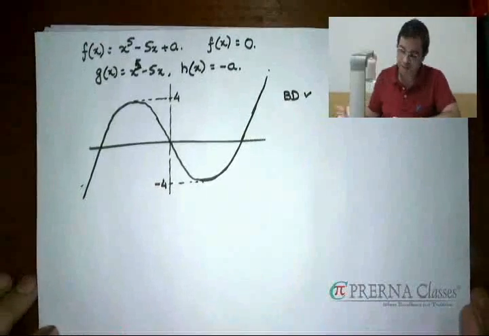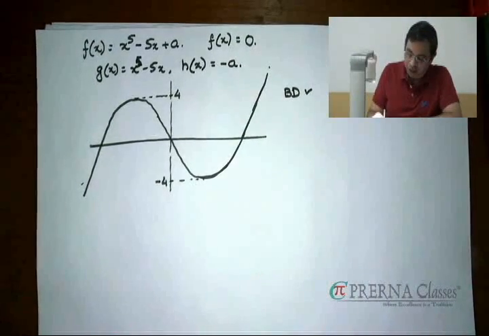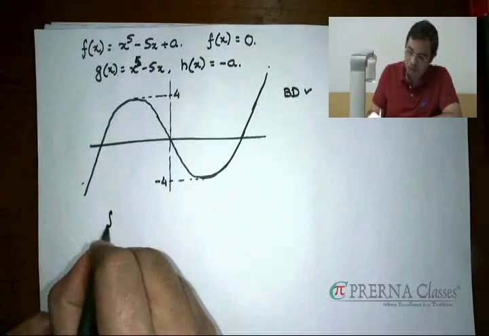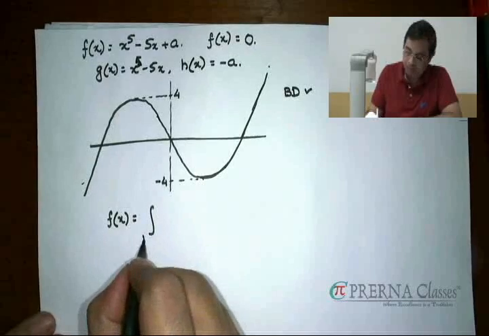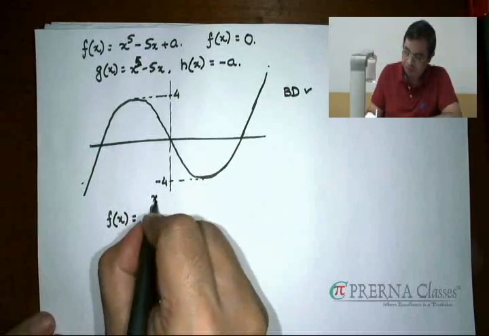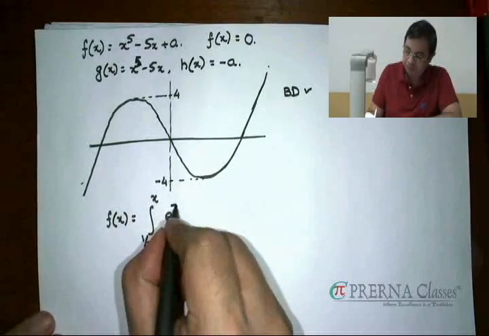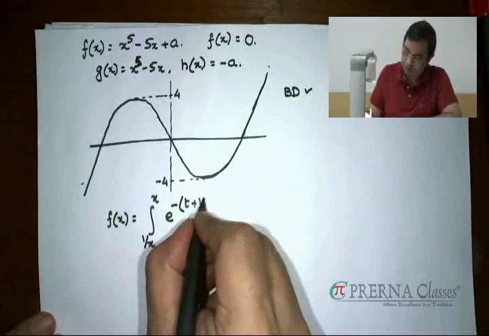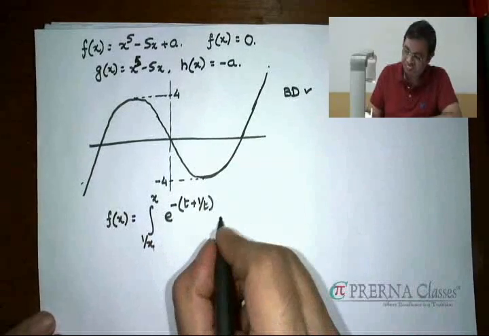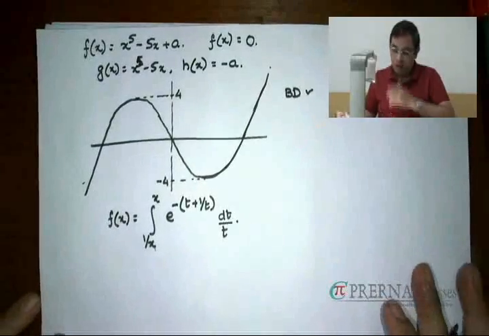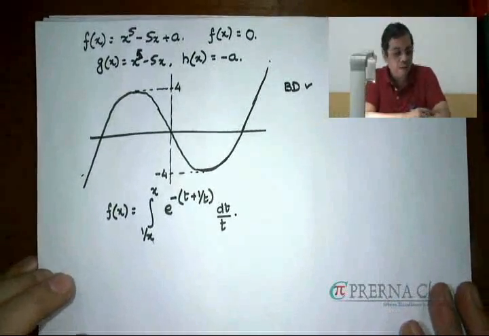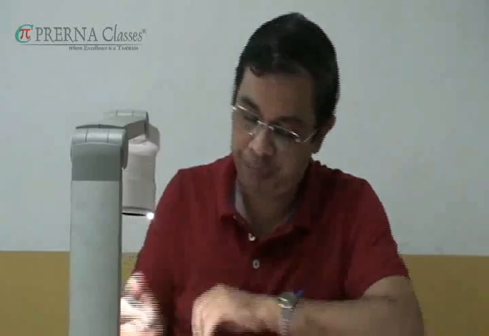The next question dealt with a function specified as this. We were required to check out the regions of increase and decrease of this function for t.